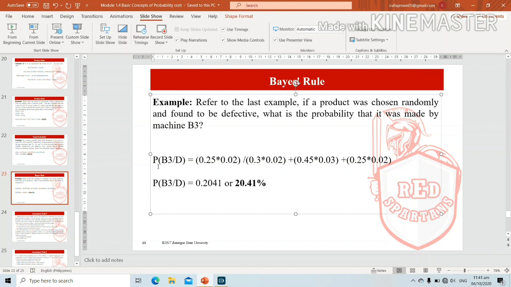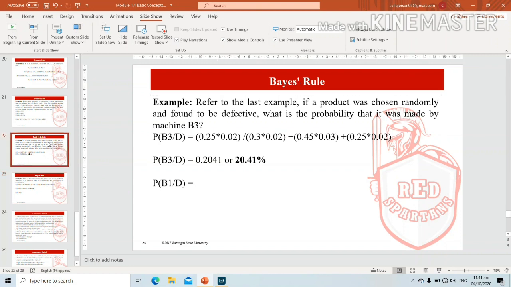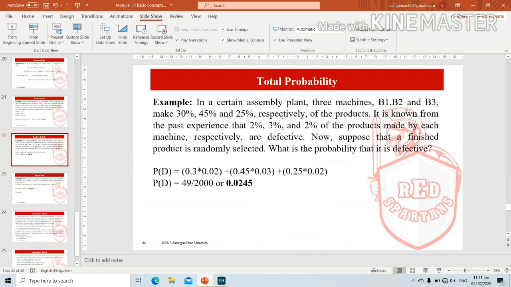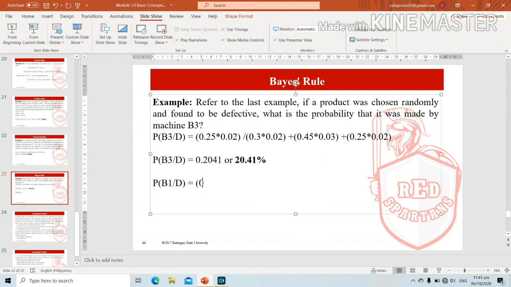So, kunin din natin yung kay B1 at B2. Pag machine B1, ano ang probability na galing sa kanya yung defective? Check ulit natin dito. 30% yung production niya, tsaka may defective siya na 2%. So, 0.3 times 0.02 over 0.0245.